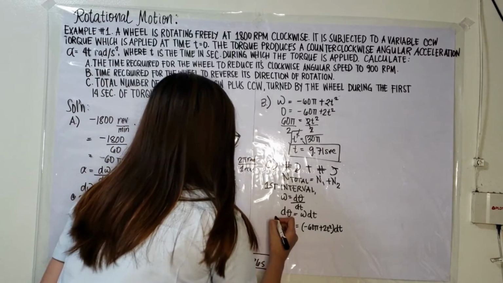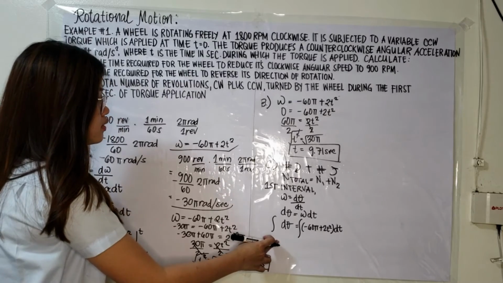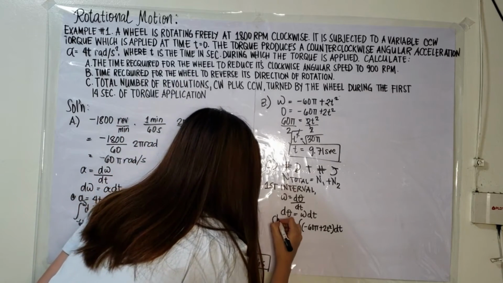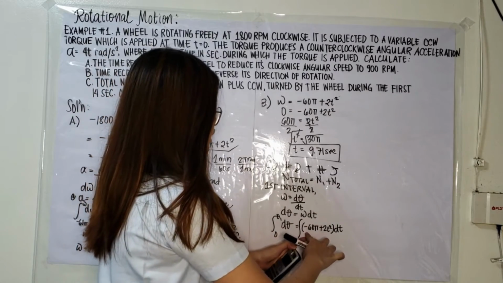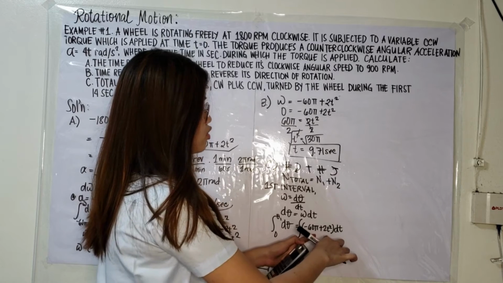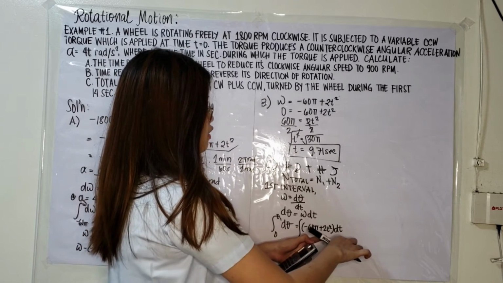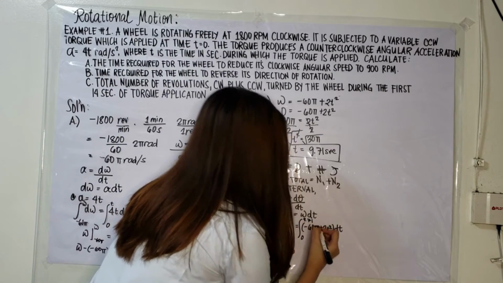Integrating both sides, the integral of d theta from 0 to theta 1 is equal to the integral of negative 60 pi plus 2t squared multiplied by dt from 0 to 9.71.